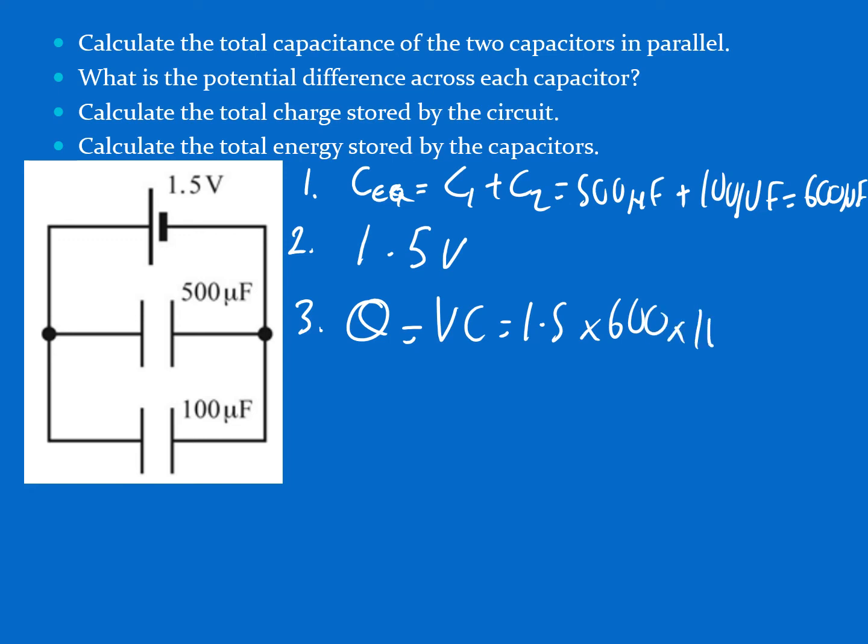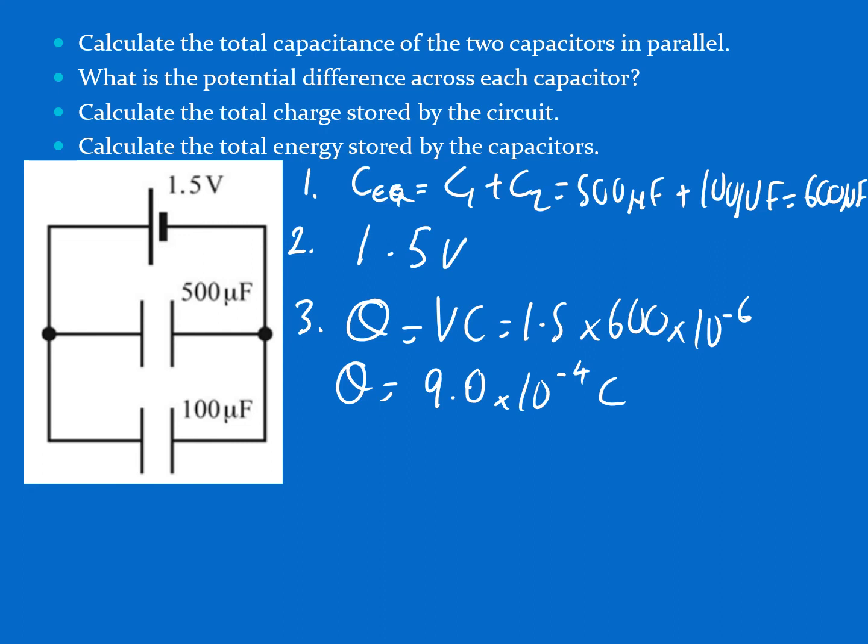So 600 times 10 to the minus 6 gives us a charge of 9 times 10 to the minus 4 coulombs. So 9.0 times 10 to the minus 4 coulombs.